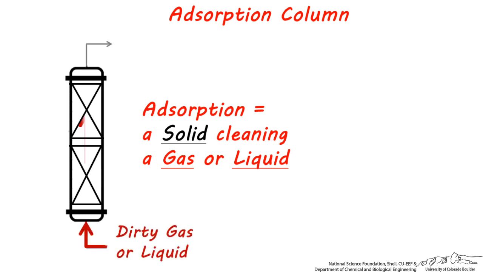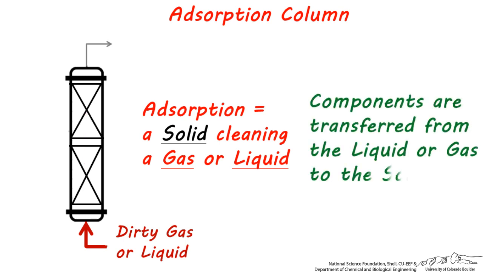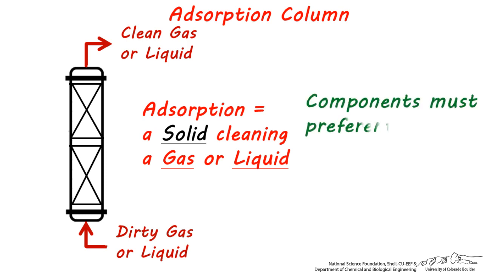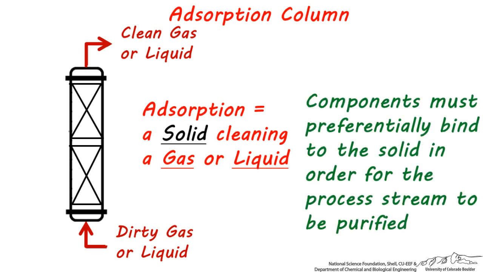Liquid or gas is sent through the column and is passed through the solid adsorbent packing. This solid preferentially binds to some adsorbate which needs to be removed from the process stream, and the liquid or gas leaves the process unit cleaner than when it entered. Because of the nature of this type of separation, the solid needs to preferentially and specifically bind with or trap whatever component needs to be removed from the liquid or gas phase.